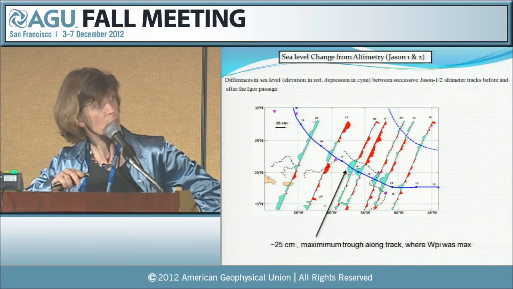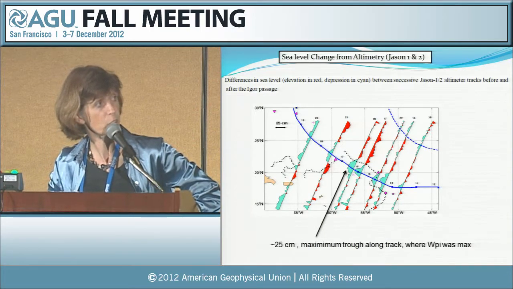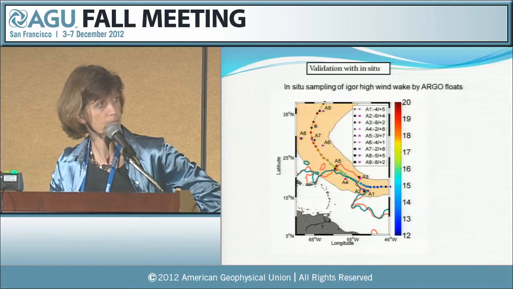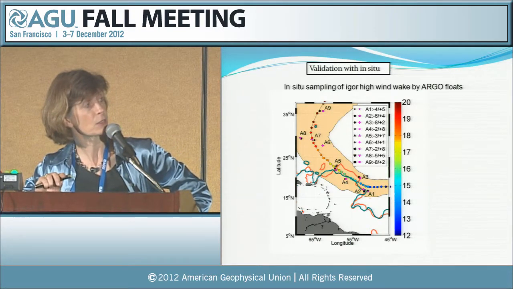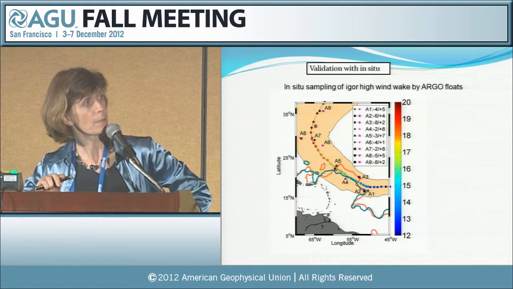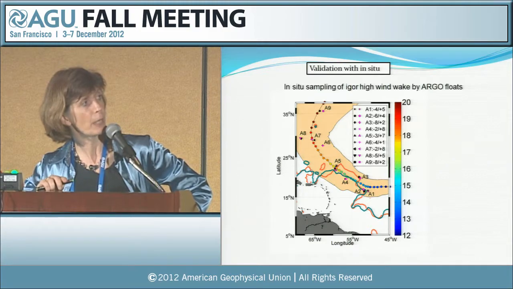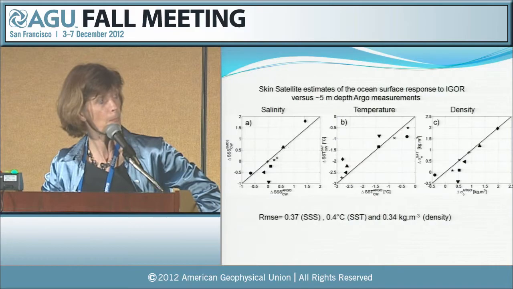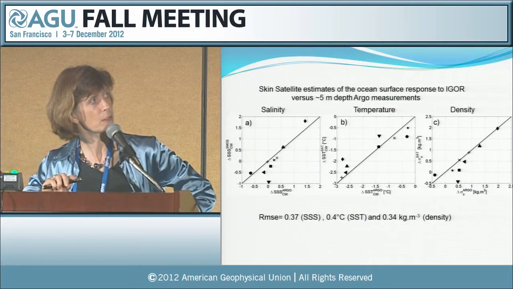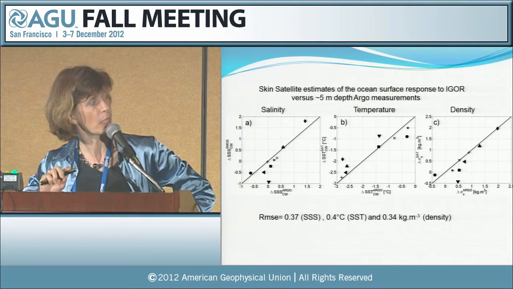Concerning the altimetry, there's also a nice correlation between the change in altimetry and the wind power index. So then they compare the SMOS salinity and satellite temperature with Argo measurements taken on several parts along the tropical cyclone trajectory. Here is a comparison between the salinity change as measured by SMOS and the one measured by Argo.